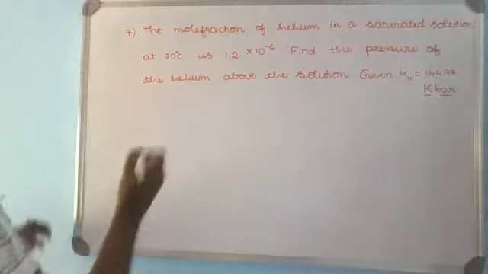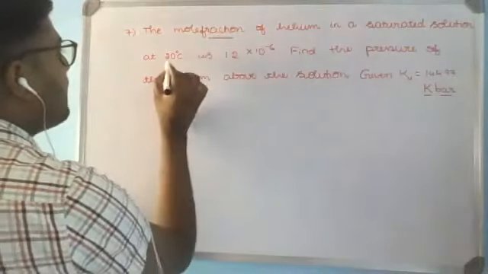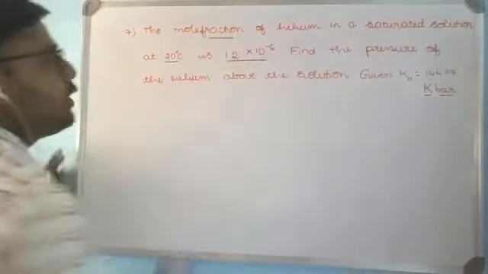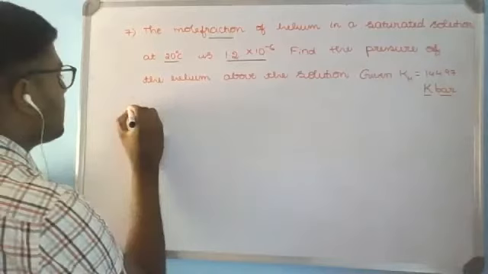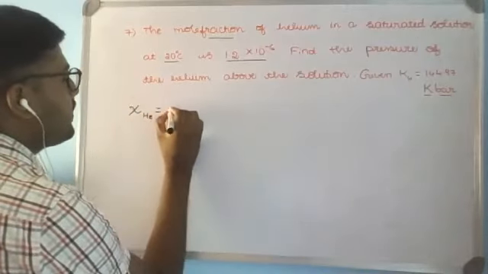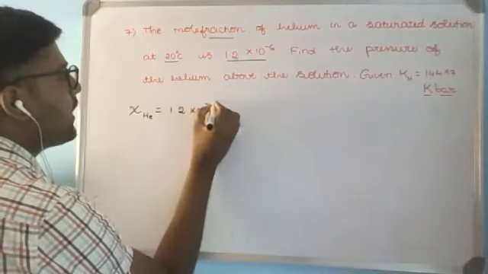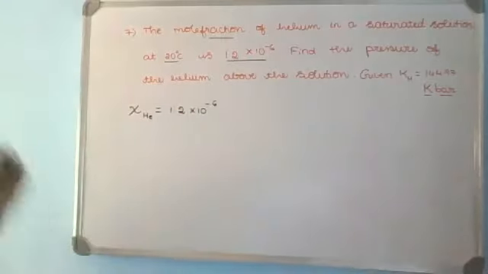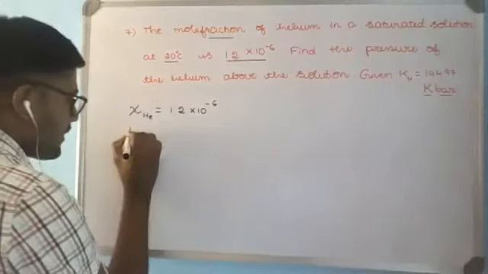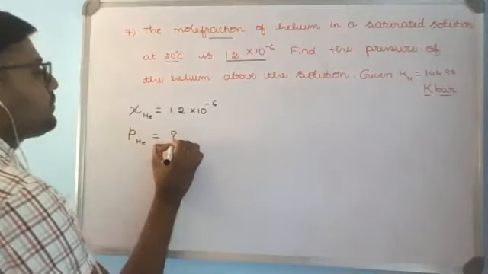Now, if you observe the question, they have given the mole fraction of the helium at a given temperature, 20 degrees Celsius, as 1.2 into 10 to the power of minus 6. They are asking us to calculate the pressure of the helium above the solution.